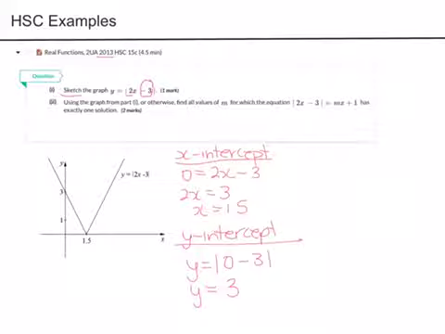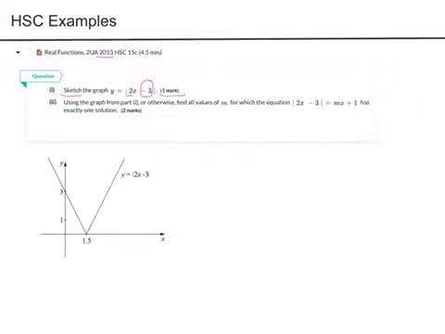So the first part was fairly straightforward, but as you can see, this time it was only worth 1 mark. The remainder of this question is the more challenging part.